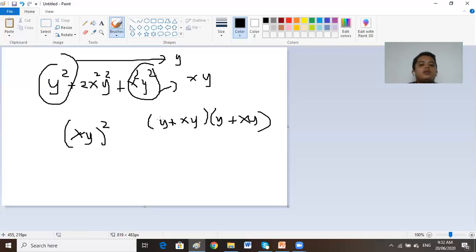So when you multiply y times y, that is y squared. Y times xy, that is xy squared.